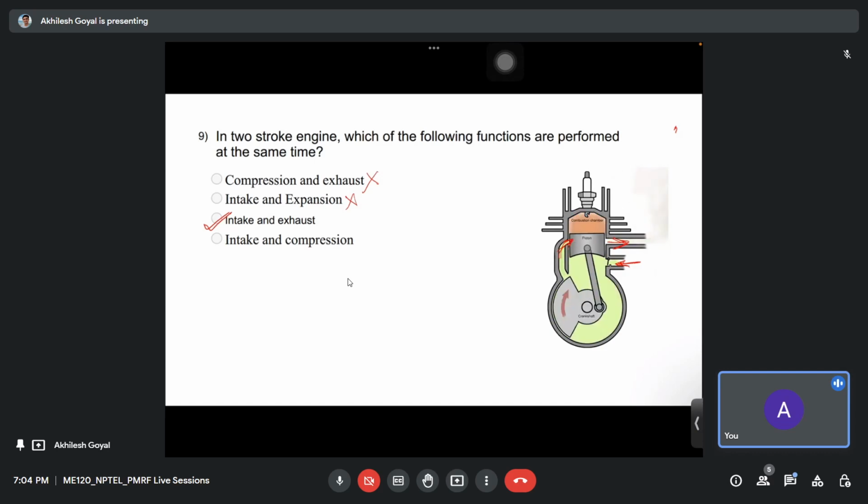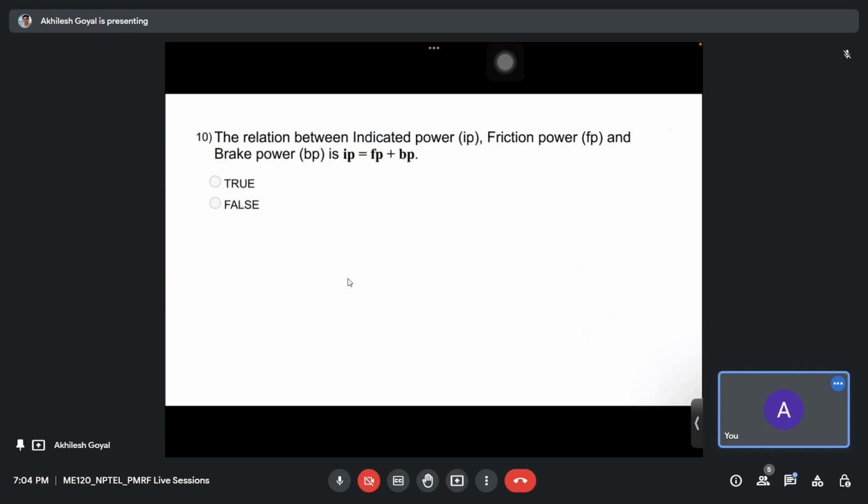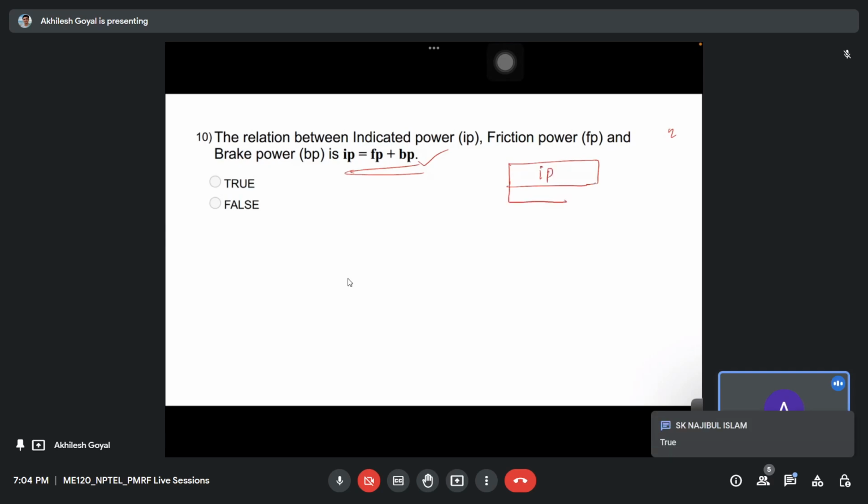So next is the last question. This is the relation between indicated power, friction power and brake power. Yes, this is the true option, as we saw there, that if this is the indicated power and this is the brake power, then the remaining is the friction power.